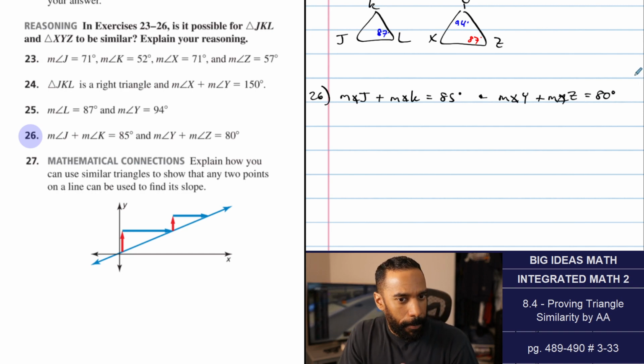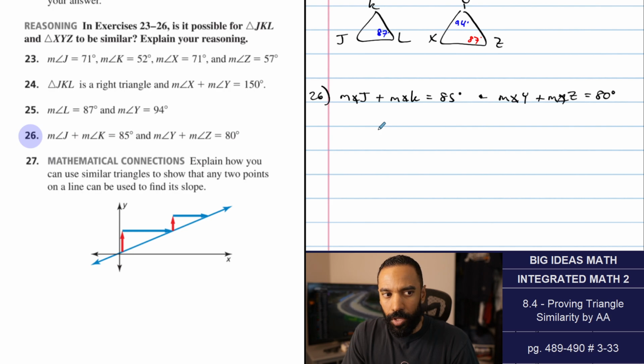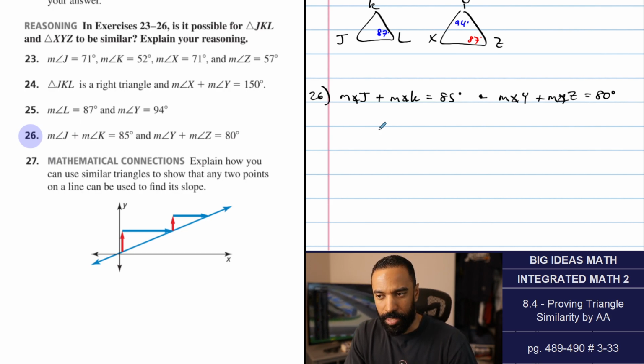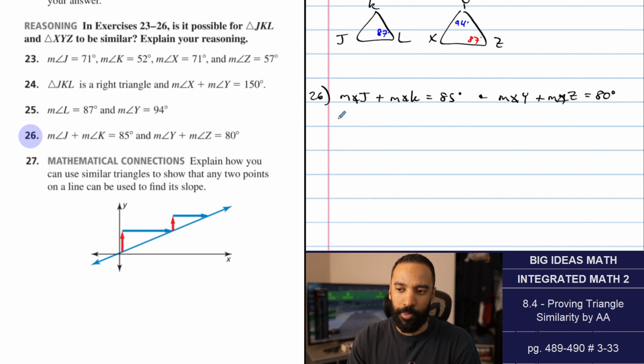J and K, Y and Z. Well, Y would have to be the same as K based on this. So I'm going to look at what would happen with K. So measure of angle K would be 85 minus measure of angle J.